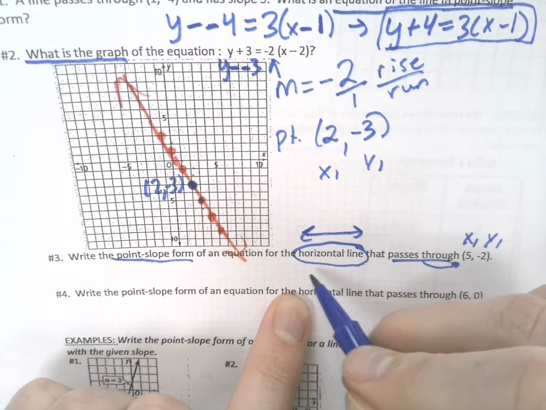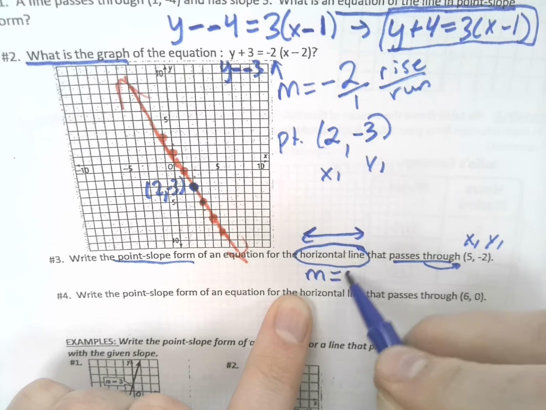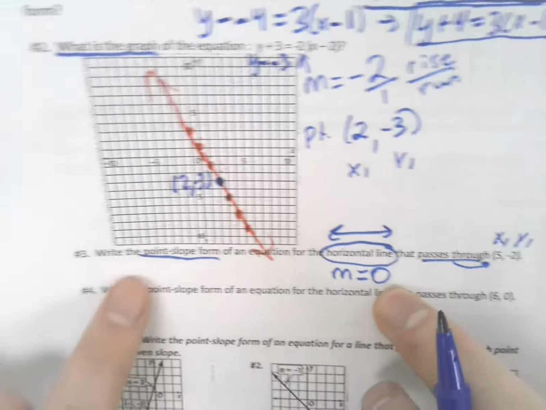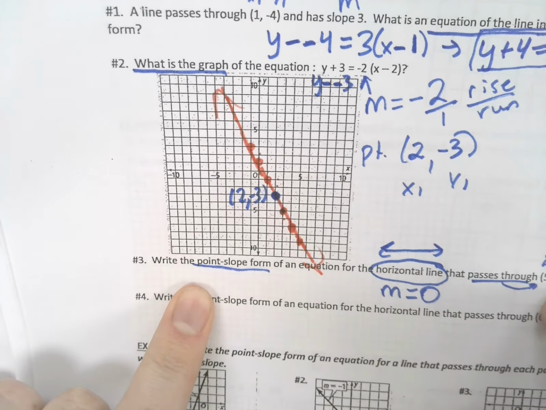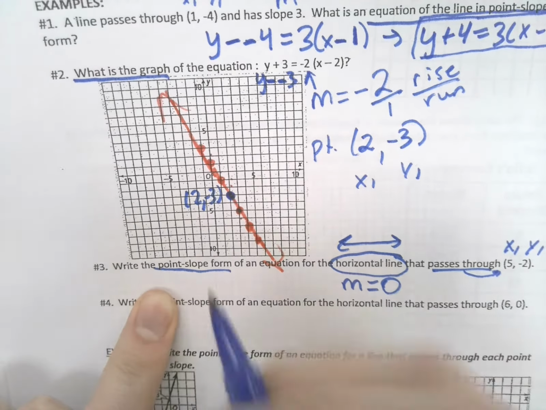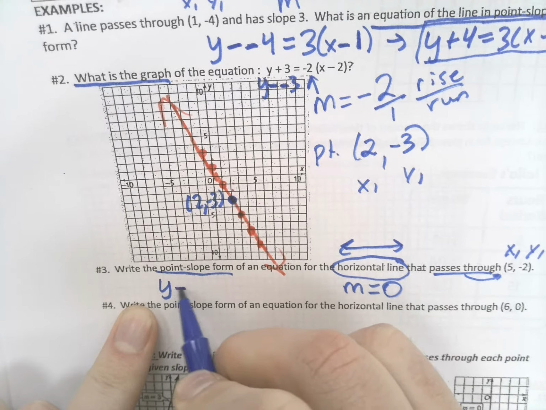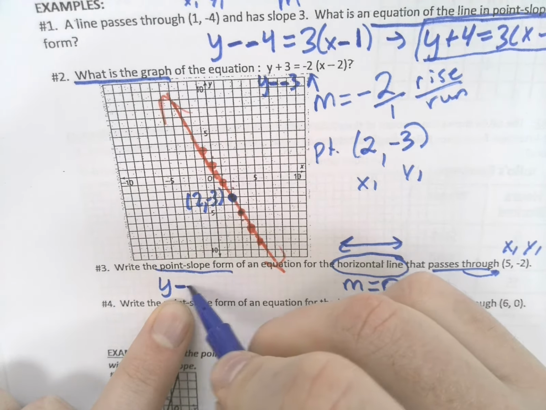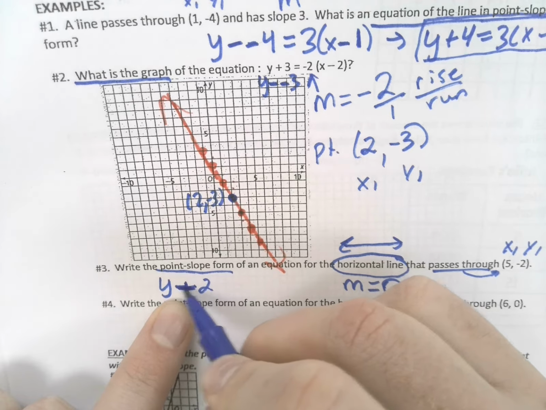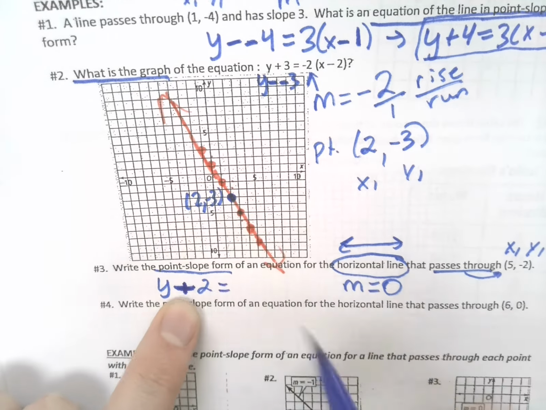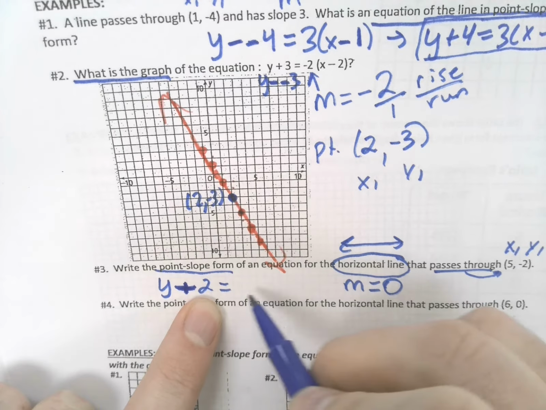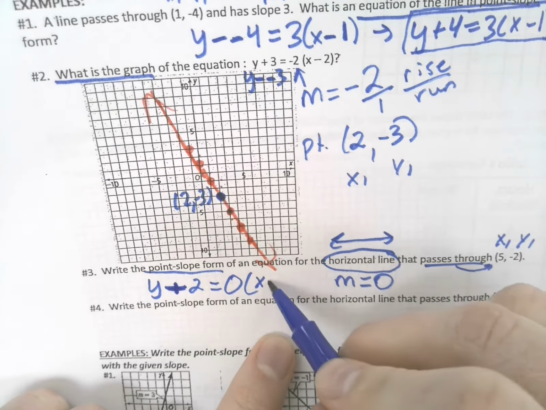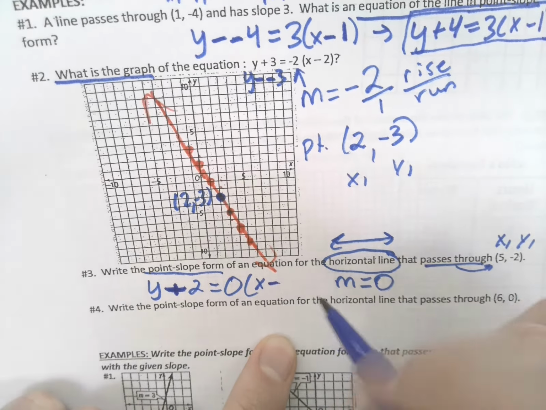Guys, what do we know the slope of a horizontal line is? That's a good old 0. And so when we go to write our equation, we have the slope, we have the point. So we're going to go y minus -2, that really becomes a plus 2, equals our slope, 0, times x minus x1.